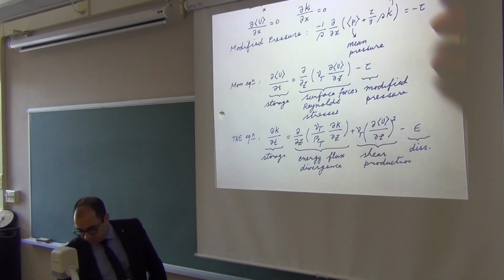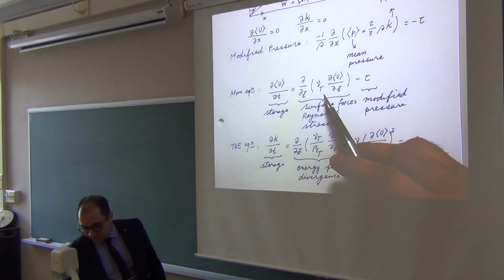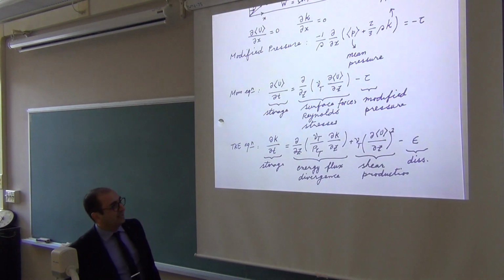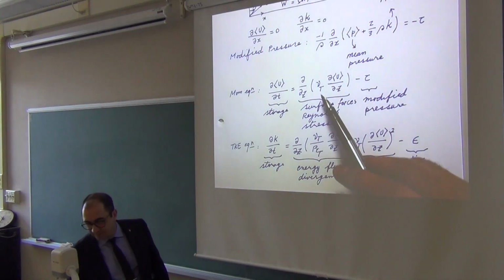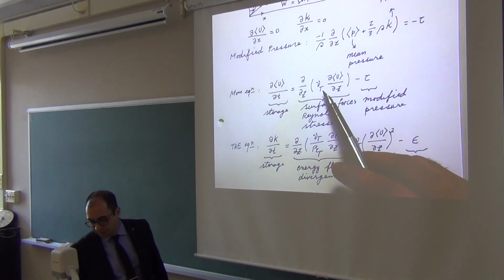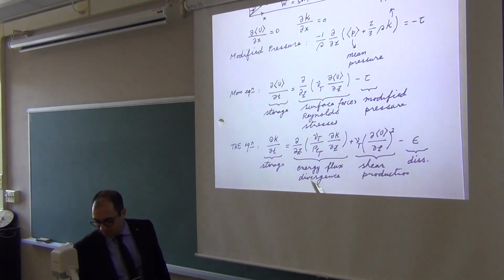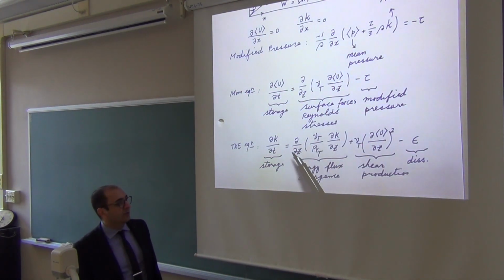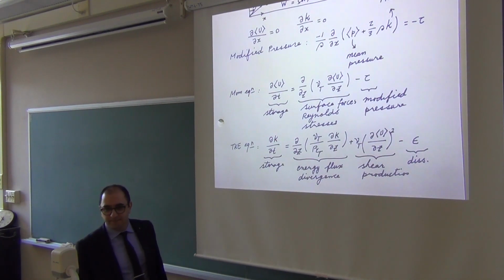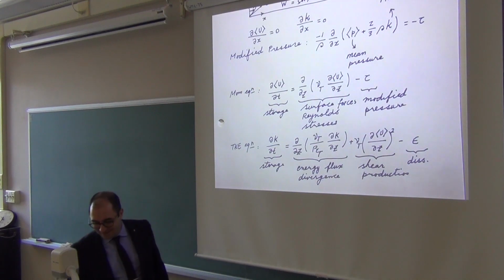Can you tell me, in the two equations, could I have brought the turbulent viscosity out of the derivative or not? Could I bring this out? Is it a constant? It's a function of K. So it cannot be constant. It is not a constant. I cannot bring it out.